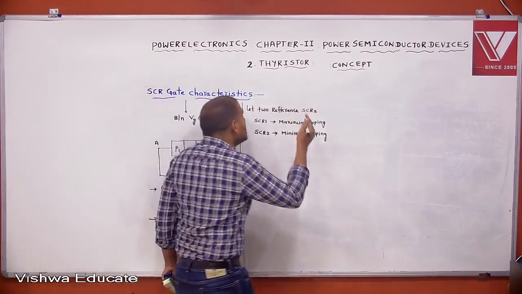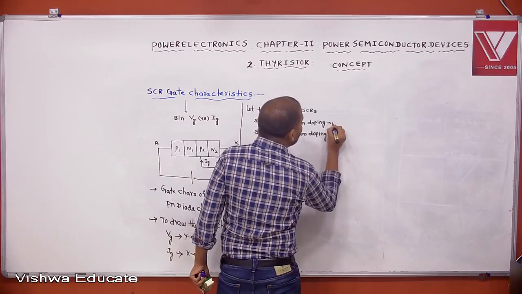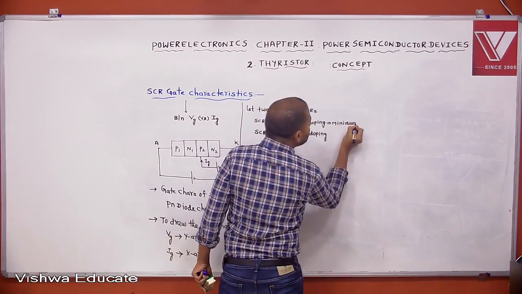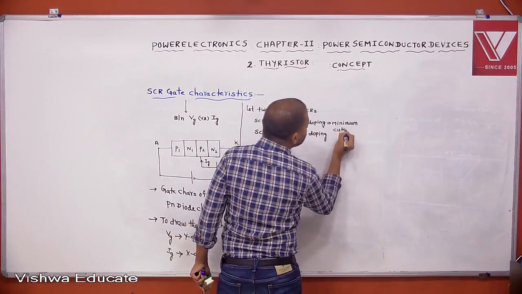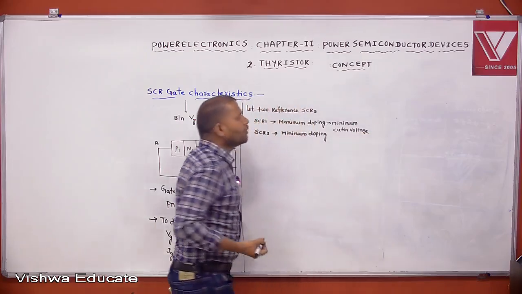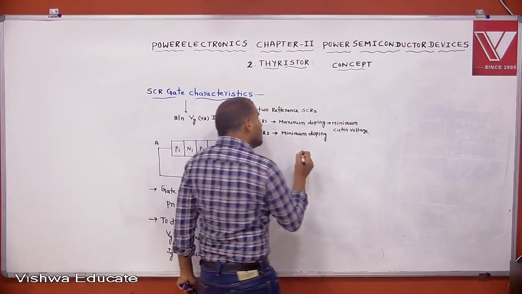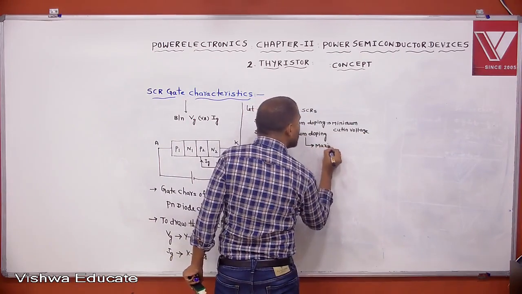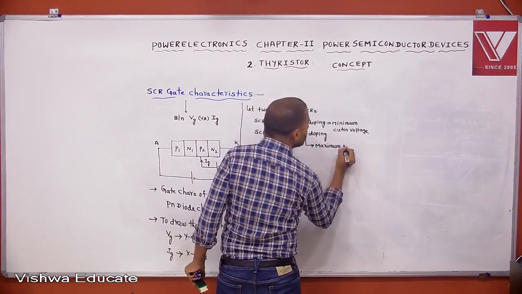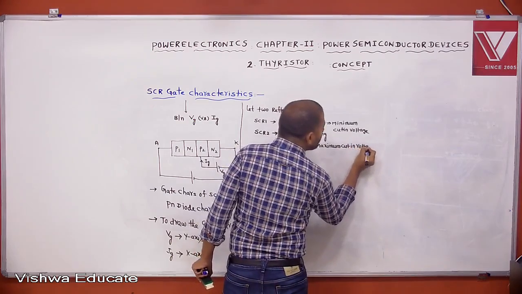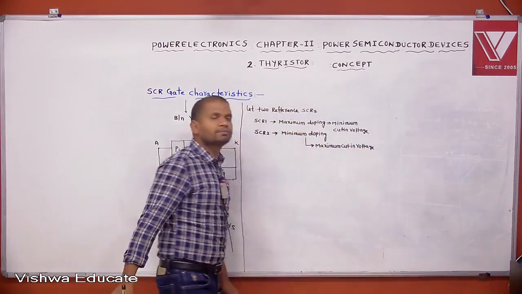Maximum doping means what cut-in voltage? Minimum cut-in voltage. For this thyristor, this is the minimum cut-in voltage. Minimum doping means this thyristor has the maximum cut-in voltage.